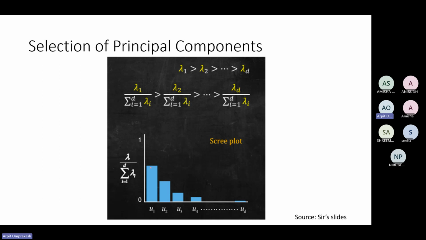So we can see how much of the variance in our data is explained by the first unit vector, how much by the second, how much by the third, and so on. Because lambda 1, lambda 2, lambda 3 keep on decreasing, this plot will keep on decreasing, and after a point you'll reach an asymptote, or a sharp decrease.